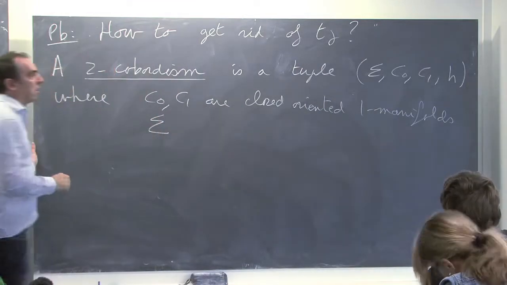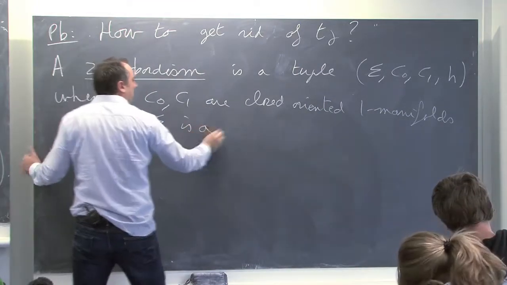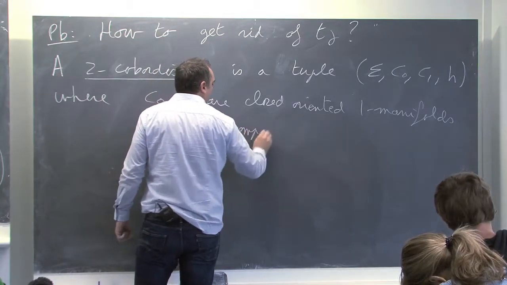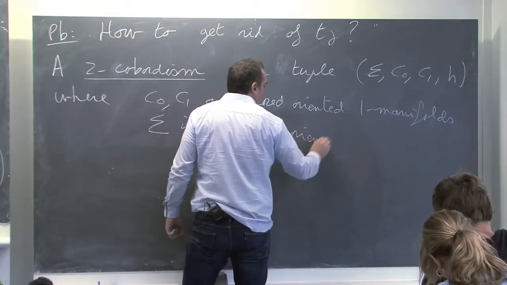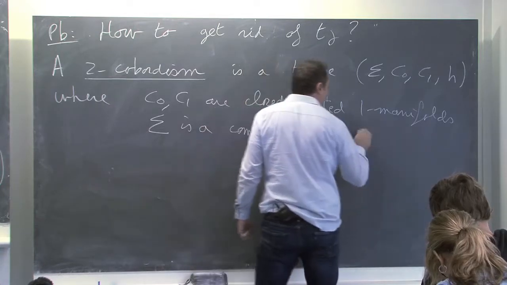Sigma is a compact oriented surface, a two-manifold.